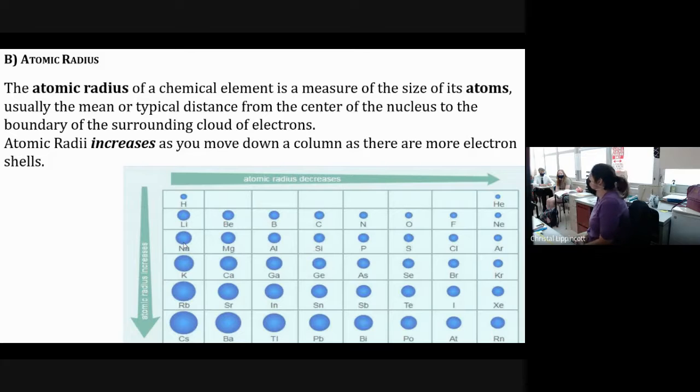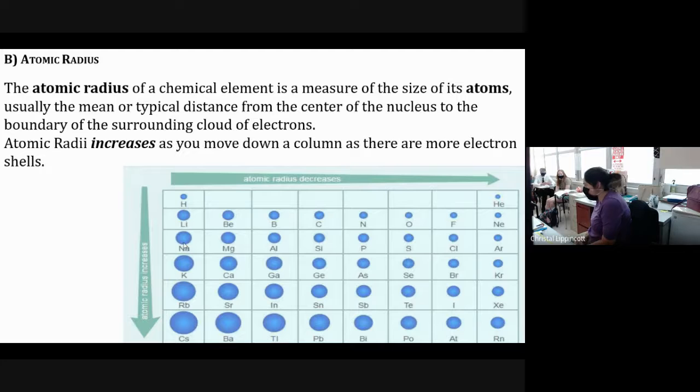The way I found easier to think about it is, as you're going across, you're adding more protons and electrons, but the protons are so much more significant, that's where we get our atomic number from. So the protons are going to have a much more significant effect than the electrons, so they're going to bring them in more and more.